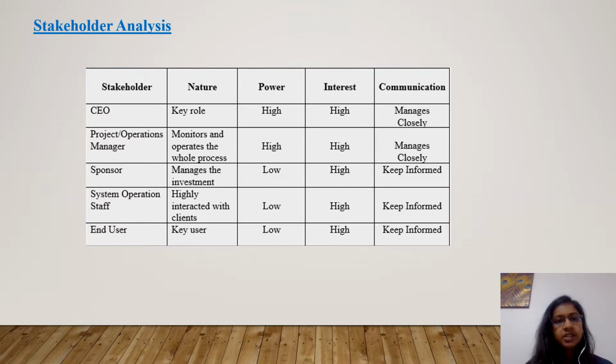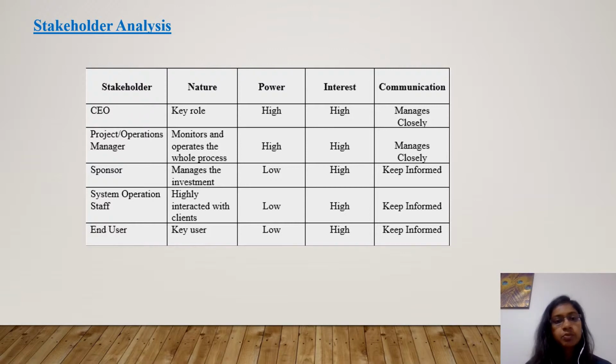The first is the CEO. The CEO plays an important role in this company, with high power and high interest, and should be managed closely. The operations manager oversees the whole project and operates the whole process. He has high power, high interest, and should be managed closely.